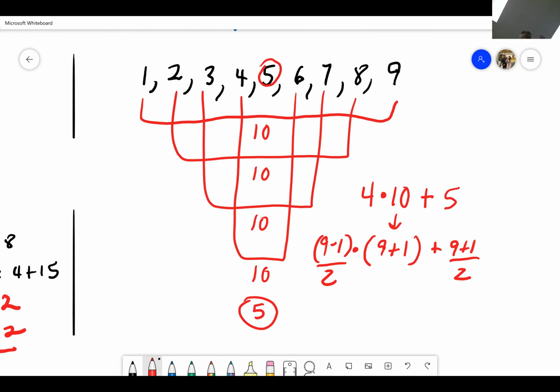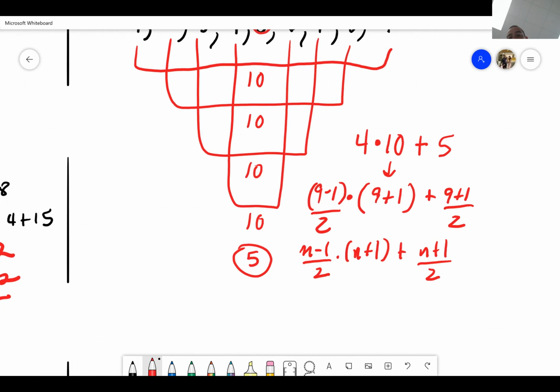That formula looks completely different. But think about it this way. What if we want n minus 1 divided by 2 times n plus 1, plus n plus 1 divided by 2? I mean, that looks different, but is it different?